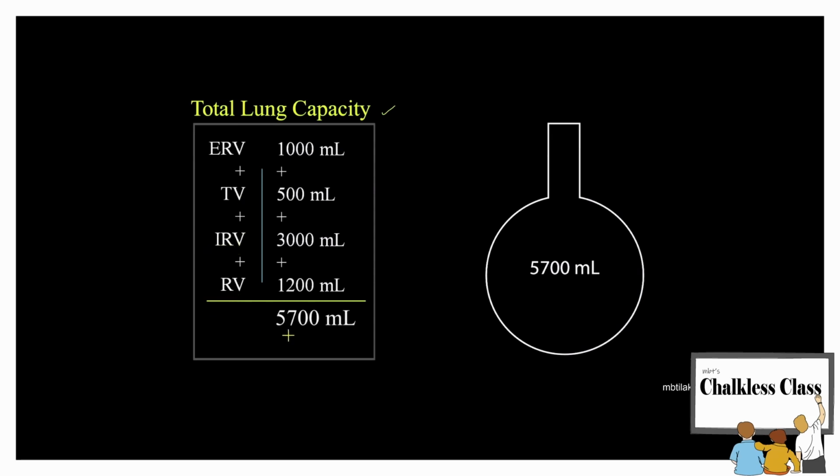This is 5700 ml. In other words, we can say that the maximum lung capacity is called total lung capacity. The total lung capacity is 5700 ml. That is about the respiratory volumes and respiratory capacities.